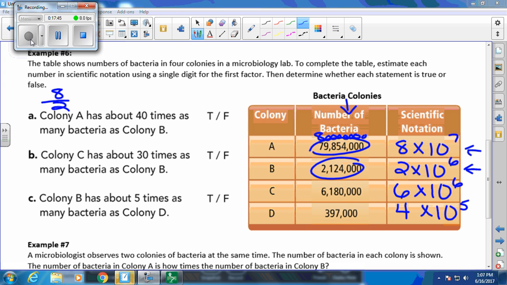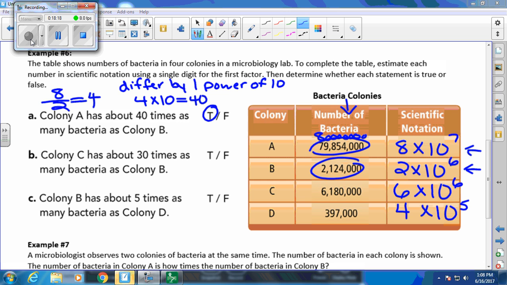If I'm thinking about 40 times, I'm thinking the opposite is division. So 8 divided by 2 is 4, but since their powers of 10 also differ by 1, 10 to the first, we also have to multiply 4 times 10, which does give us 40. So this is actually true.